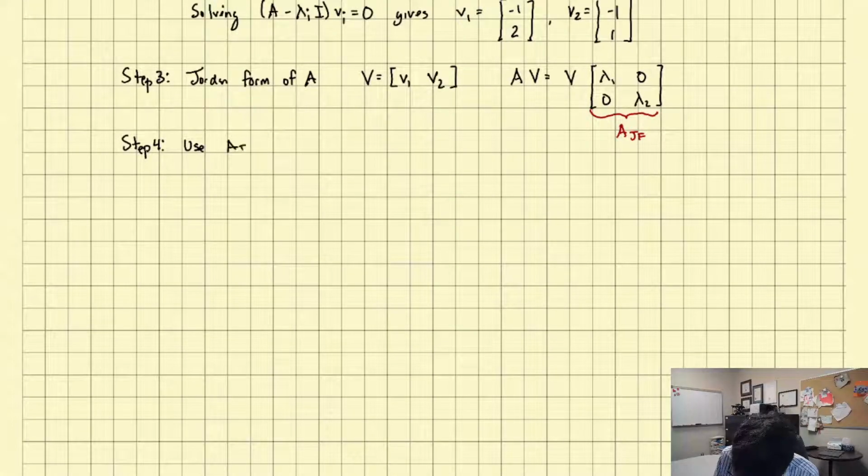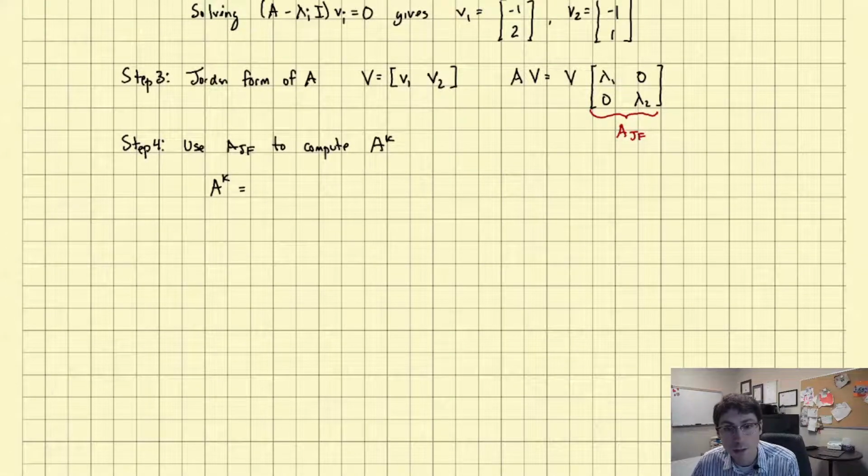Use the Jordan form of A to compute A to the K. All right, so let's see how that works. We have A to the power of K equals, so look at the equation above.